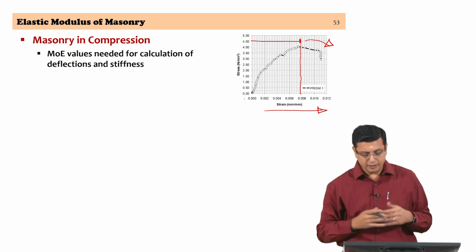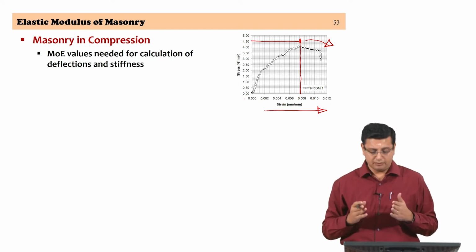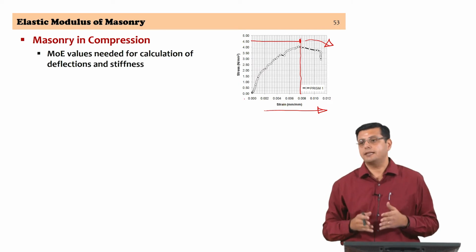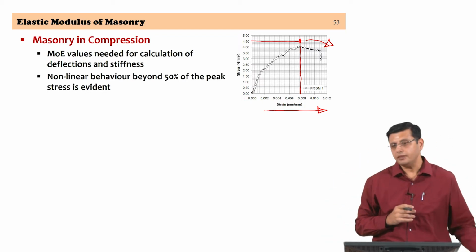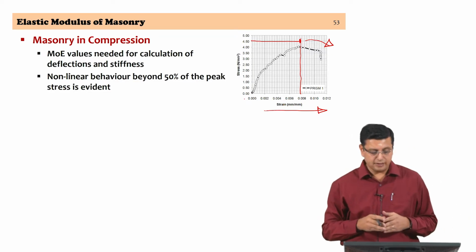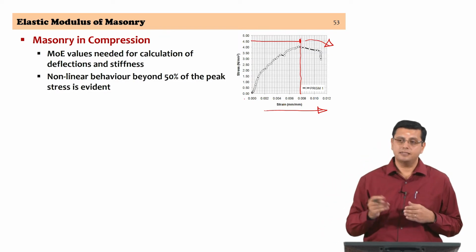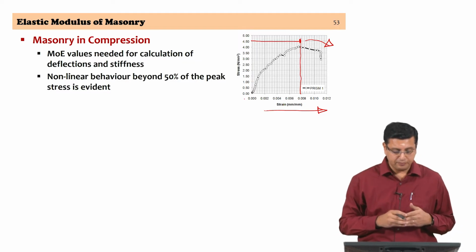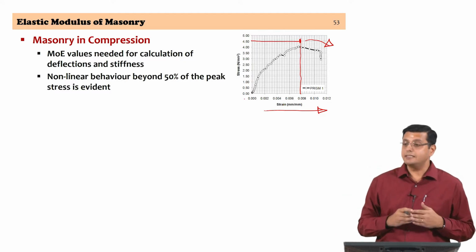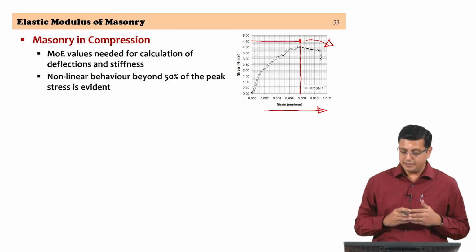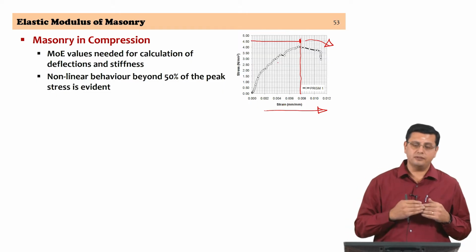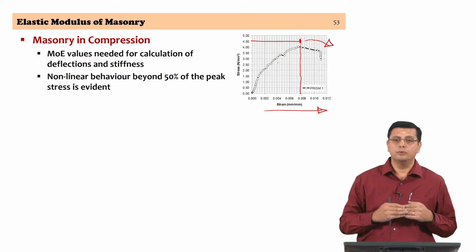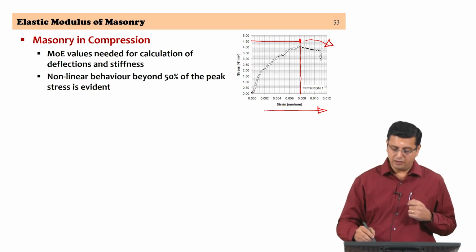So, let us assume you have the stress strain curve derived from a standard compression test, standard prism test on the masonry. You can then use this to arrive at aspects like the modulus of elasticity and the Poisson's ratio if need be. What you can clearly see in the stress strain curve is that at about 35, 40, definitely within the first half of the stress strain curve, you start getting nonlinearity.